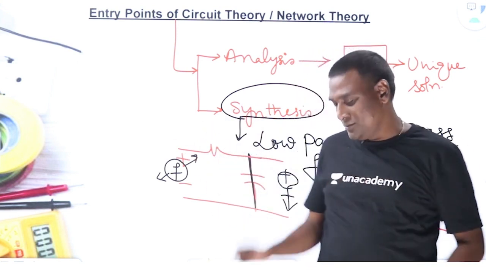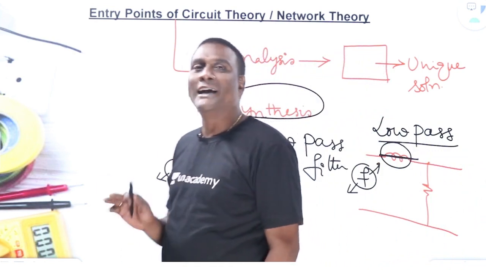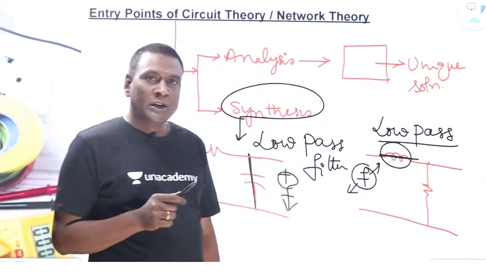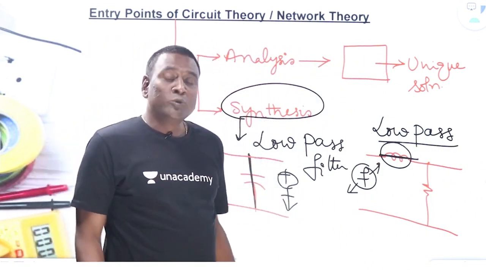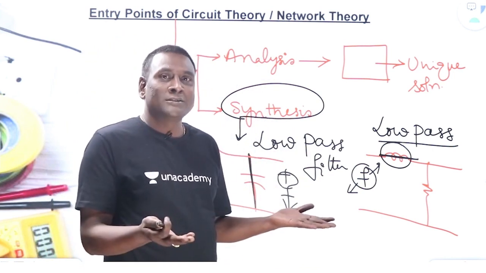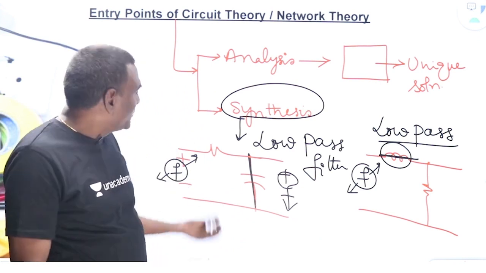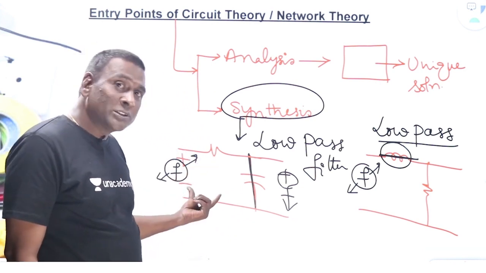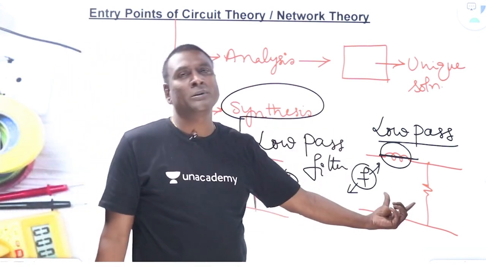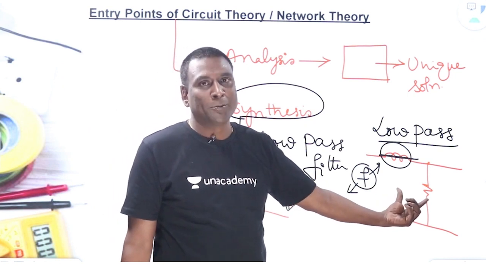We are not going to go back to the physical existing system. That is analysis. Now, you don't have a physical existing system. You have to design a physical system. So the moment it is design, obviously for a designer many options will be there, right? Either in this way a low pass filter can be designed, or in this way a low pass filter can be designed. Getting the point, right?